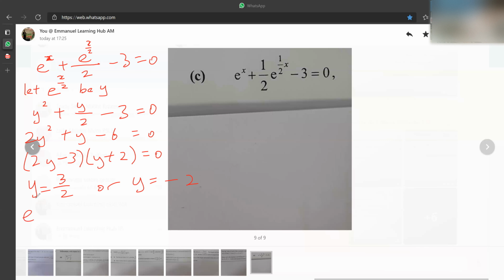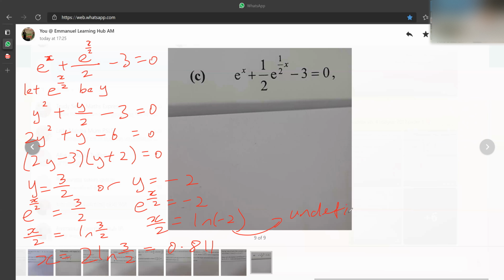So y is e power x over 2. This one is negative, so you have no solution, undefined. It's not applicable, in other words.